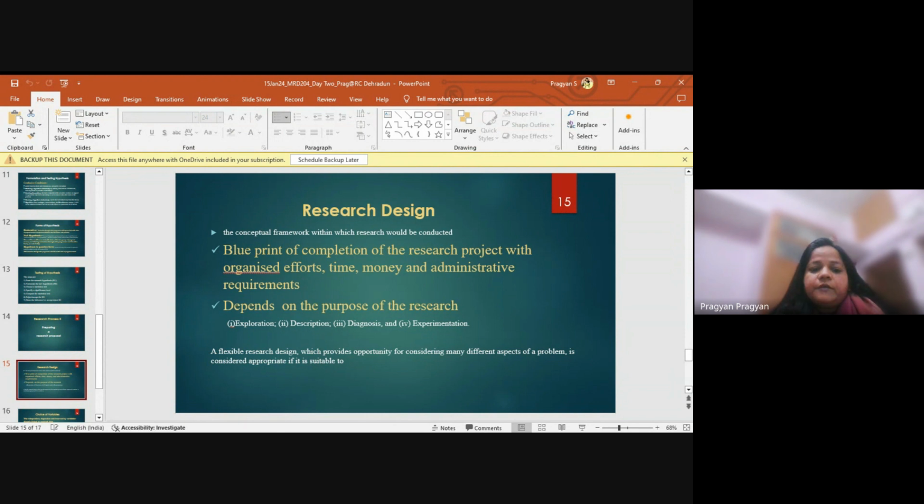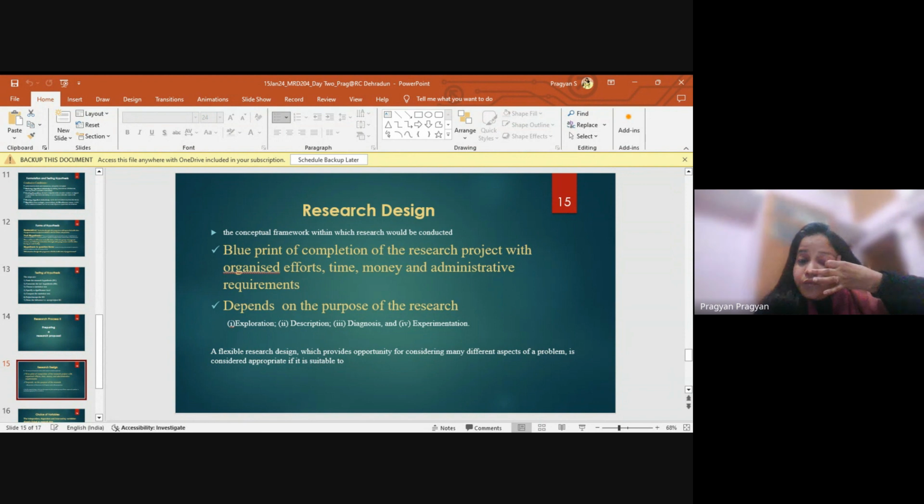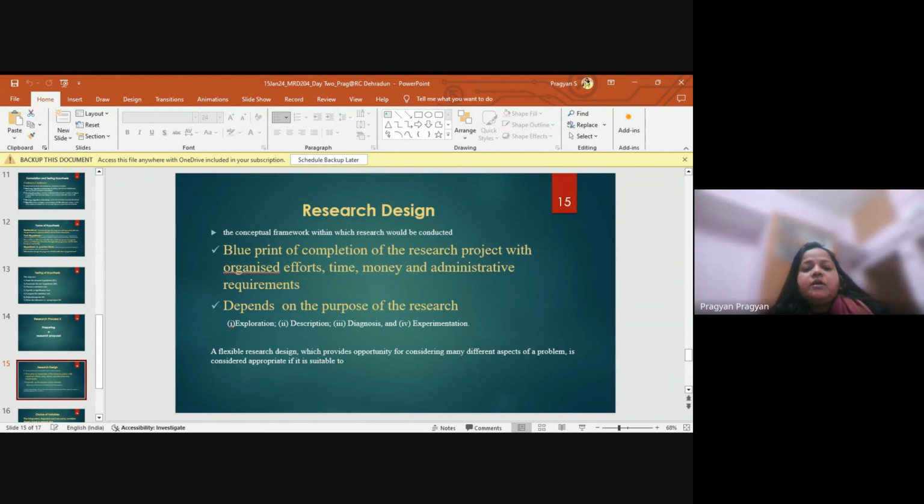So, research design is basically the overarching framework. Overarching means the major conceptual framework within which all those research steps are going to be incorporated. So, this is a kind of blueprint for the completion of the whole research process.